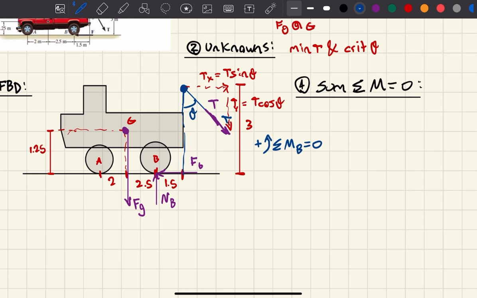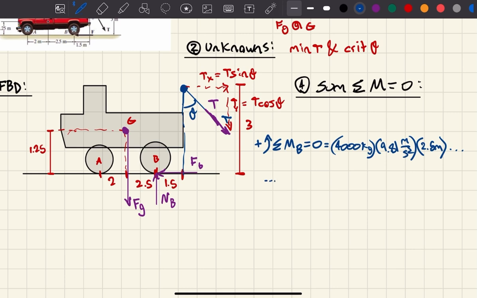Therefore, we're going to have a positive moment because it's going to spin it counterclockwise, the direction we defined as positive. So 4,000 kilograms times, I should have dropped the units, but I started, so might as well continue, meters per second squared times the distance R, which is 2.5 meters from where I'm taking the moment. Okay.